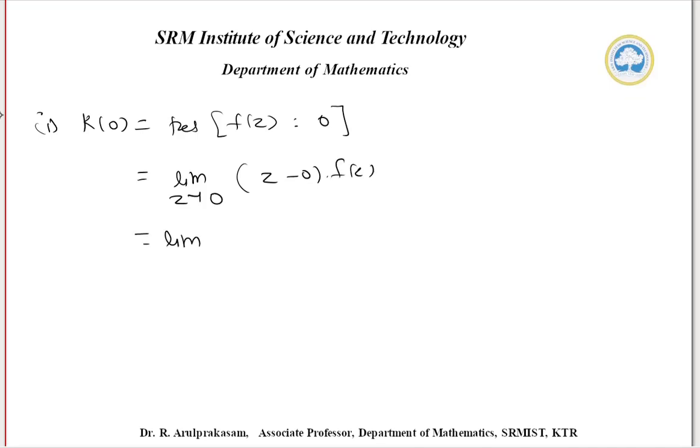Limit as z tends to 0 of z times f(z), where f(z) is (z + 1) / (z(z − 2)).